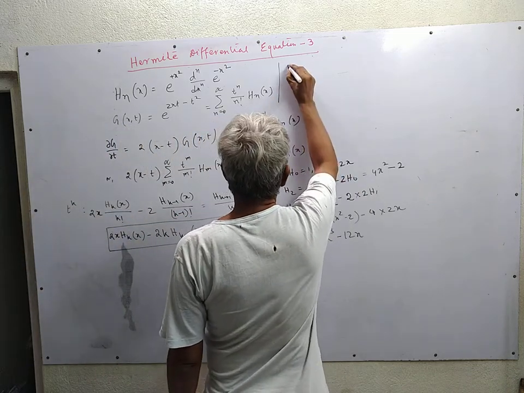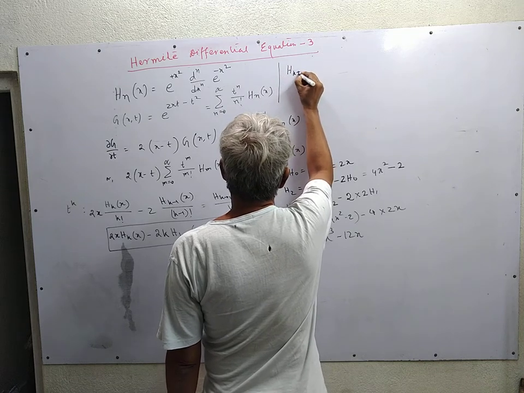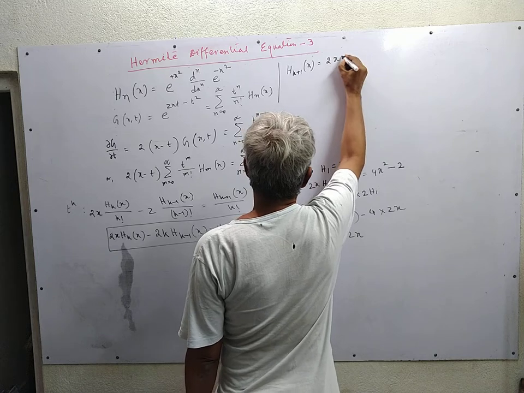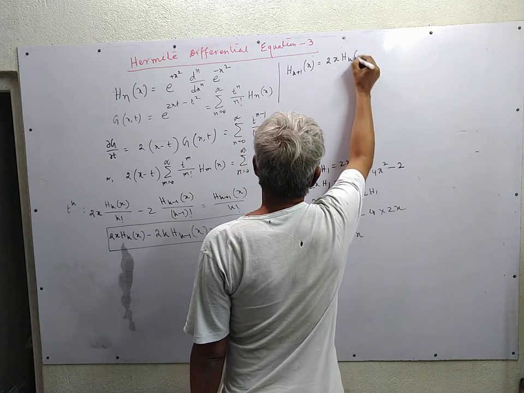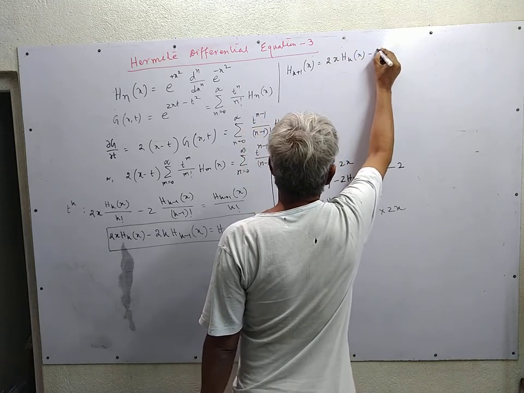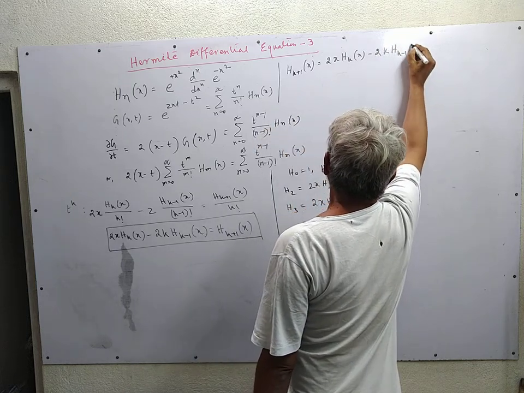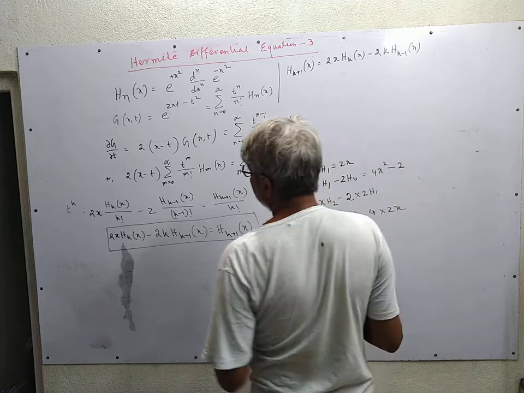So this is one important recurrence relation of Hermite polynomial. This is H of k plus 1 of x is equal to twice x Hk of x minus twice k H of k minus 1 of x.